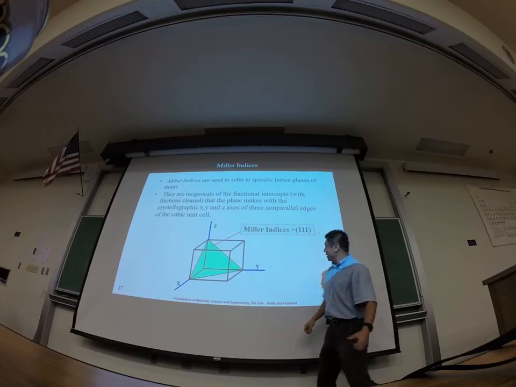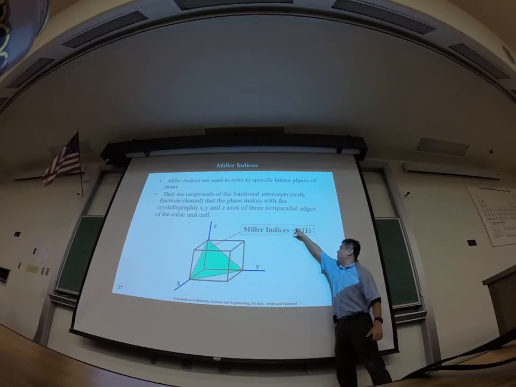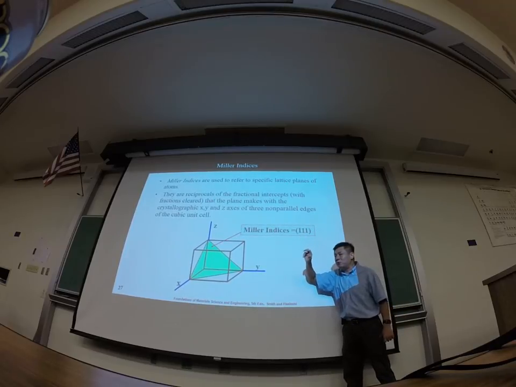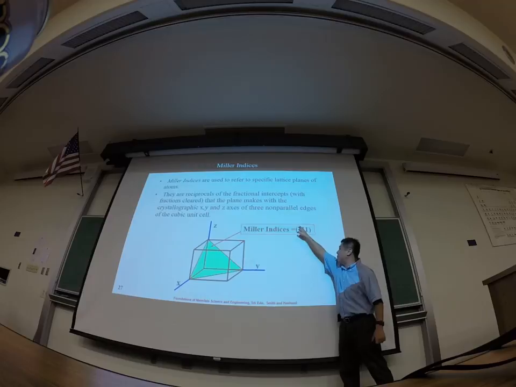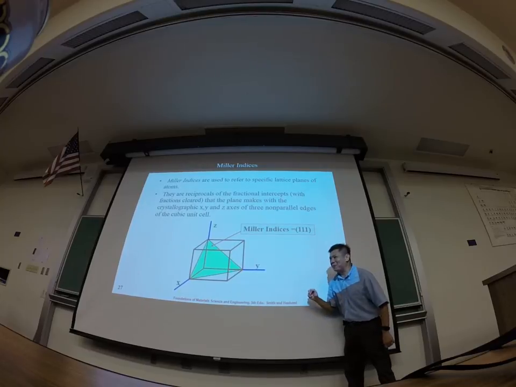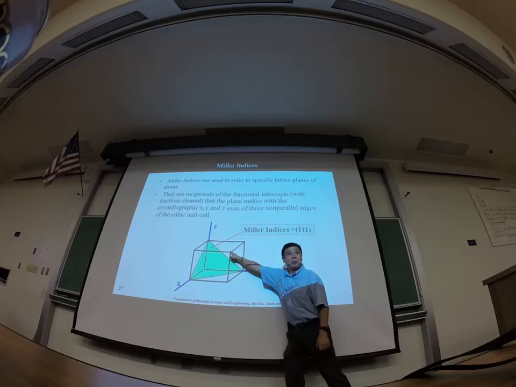Okay, so for the Miller indices, we use parentheses and 3 numbers, but don't forget, you do not have a comma in between. If you have a comma and parentheses, like 1, 1, 1, what does that mean? Coordinates, right? That means this point.